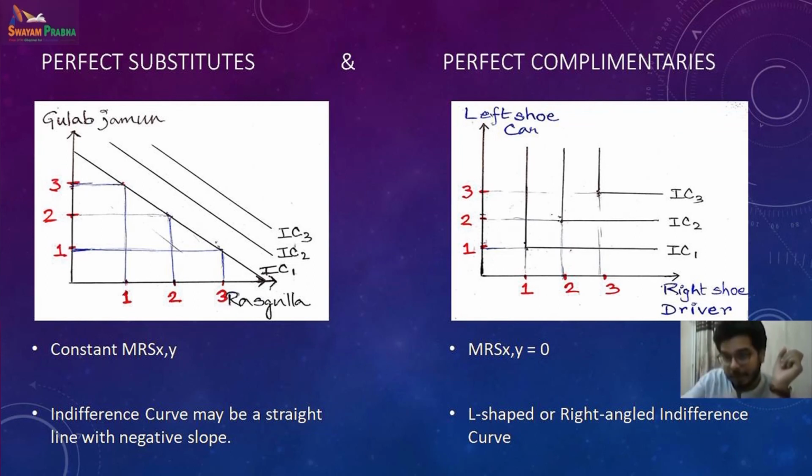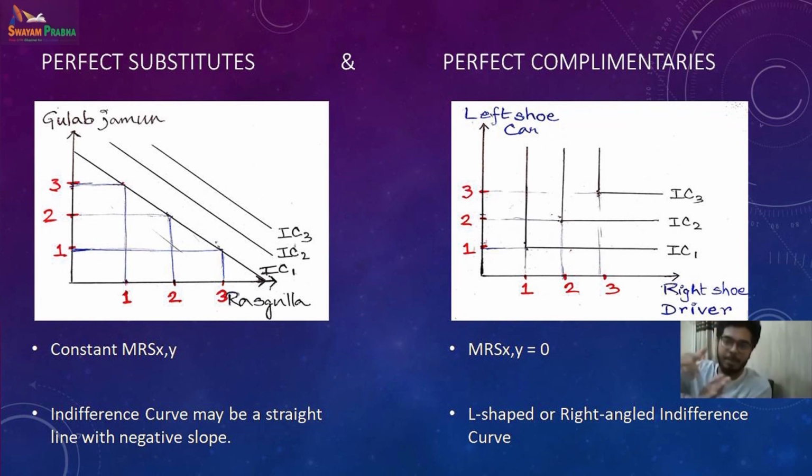When I get more rasgulla with a similar amount of gulab jamun, say 4 rasgulla with 1 gulab jamun, I will move to indifference curve 2, and the indifference curve shifts parallelly upwards. So whenever you have a higher indifference curve, it will shift parallelly.